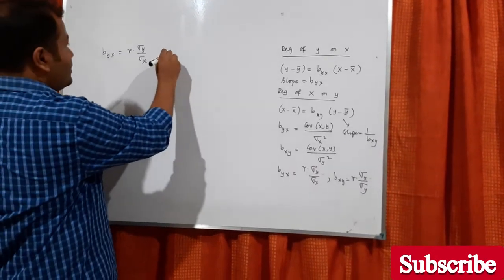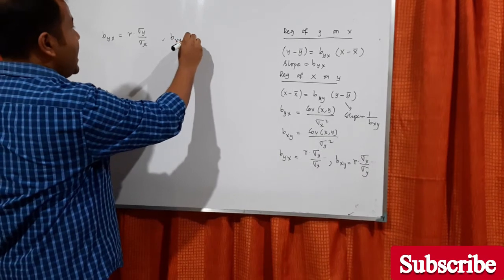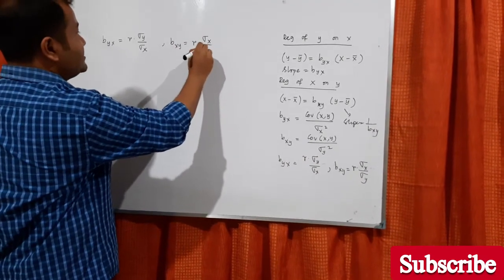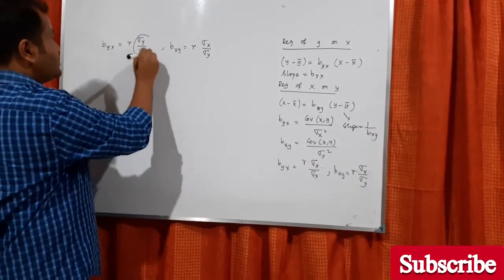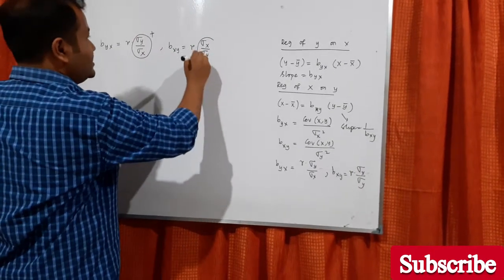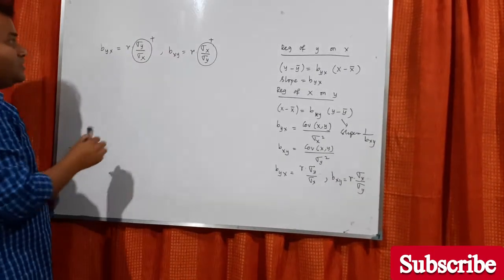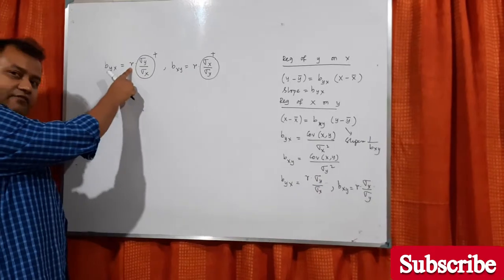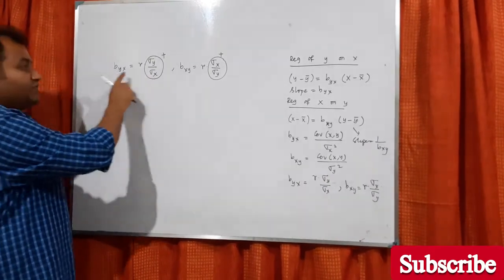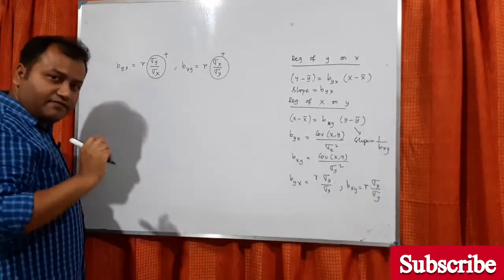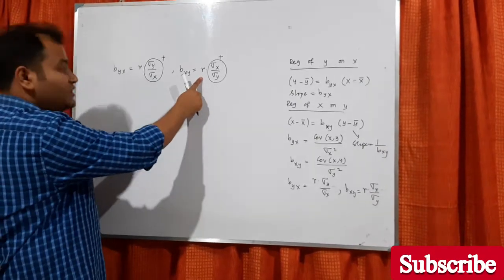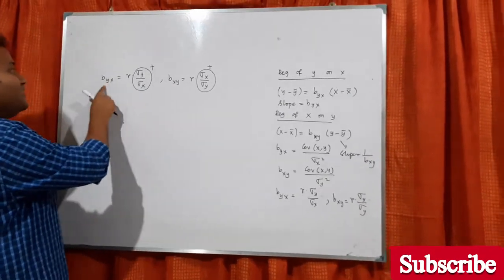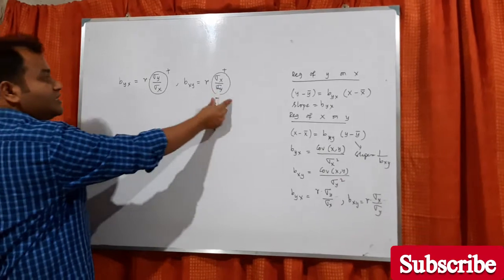Similarly, bxy is r times sigma x by sigma y, and this portion is always positive. So if r is negative, then byx is negative and bxy is negative. If r is positive, then bxy is positive and byx is positive, because this portion is positive.